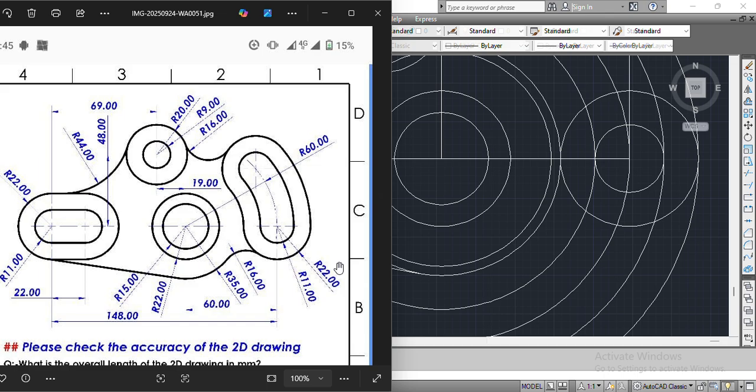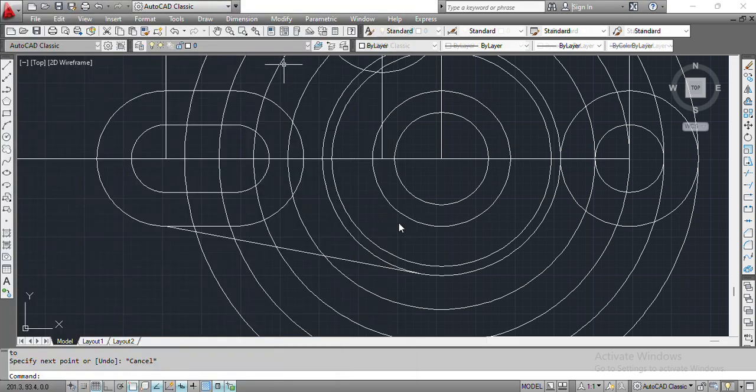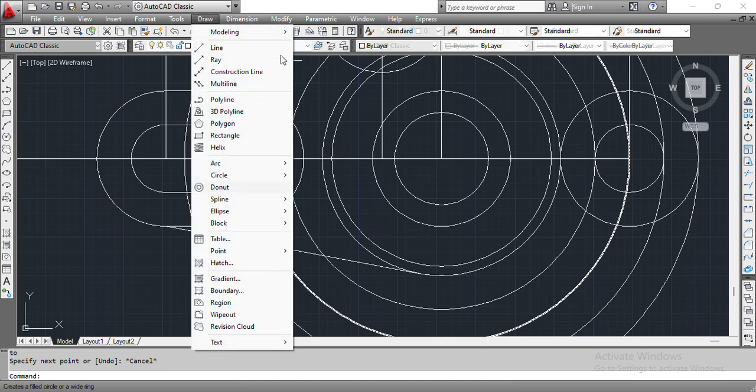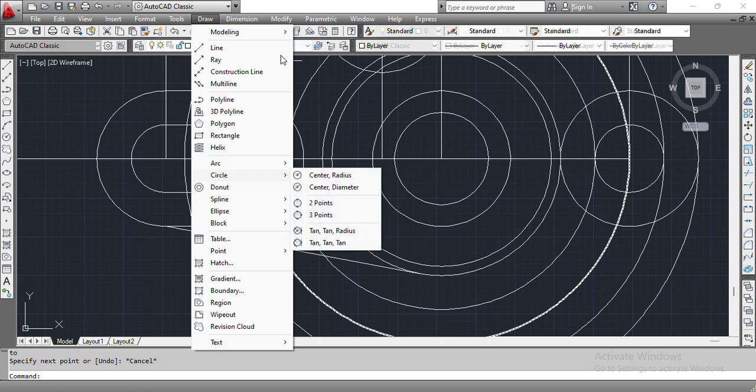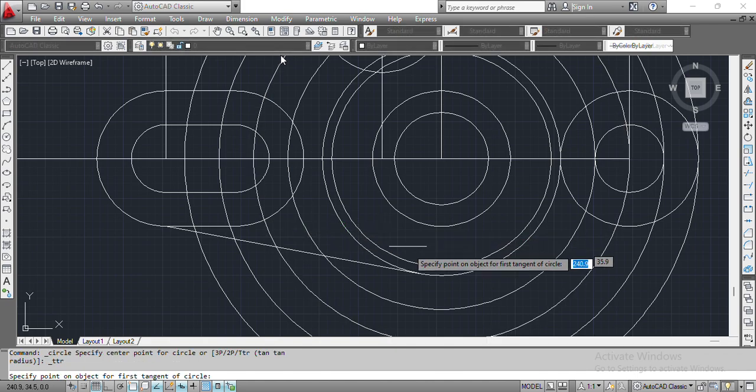So to complete it, we are going to draw R16. R16 we are going to draw using tan radius, and to get tan radius we go to draw, and we go to circle, and from circle we get tan radius. So tan radius, how to draw tan radius?